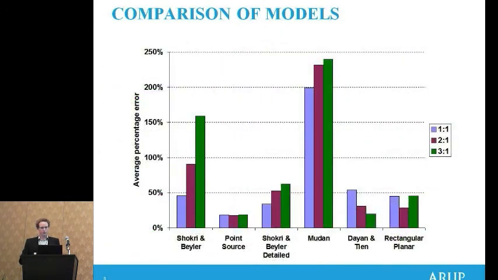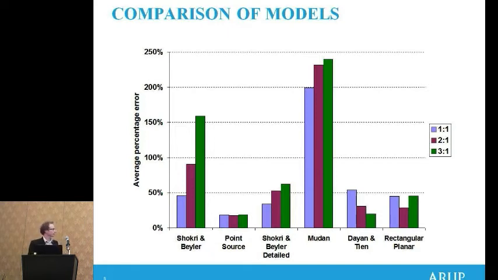This plot here shows the average percentage error of different models. When I say percentage error, I mean it's an absolute value, just to show the closeness of fit to the experimental data.